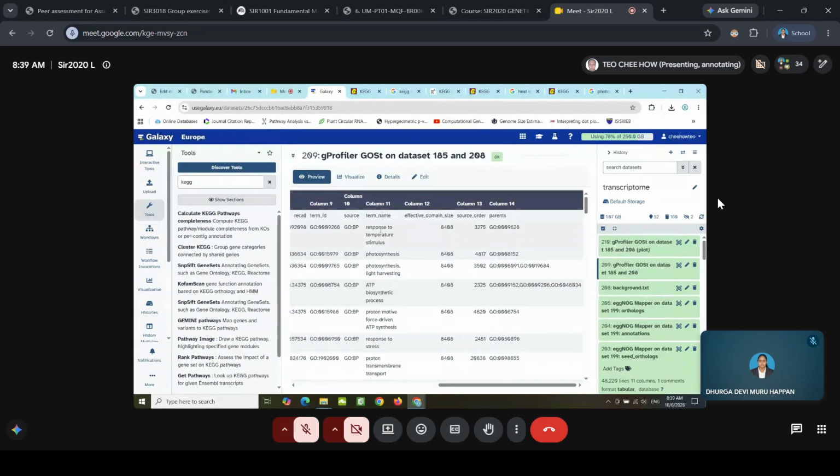Yeah. But for example, in this case, it really shows how the genes are involved in response to temperature stimulus, right? It's the one that's differentially expressed in your data, because it is high temperature stress, right? And now we know that photosynthesis is also involved, because high heat stress disrupts the photosynthesis, and disrupts the light harvesting. And once the photosynthesis is disrupted, it will maybe affect the ATP biosynthesis process also, right?